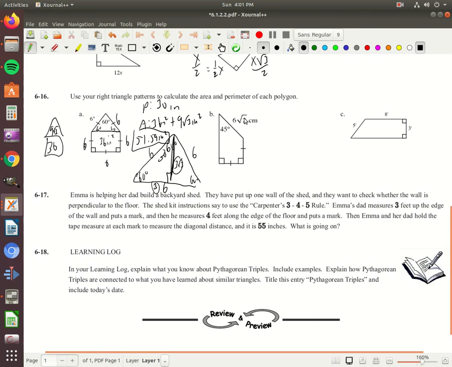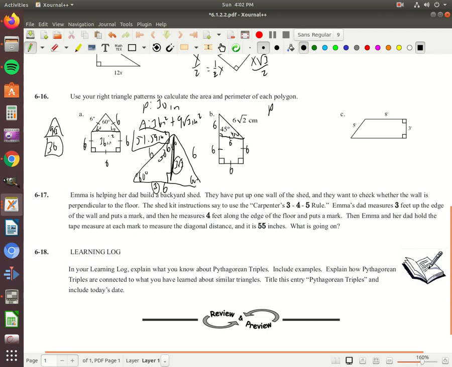And then we just do the same kinds of things for this one, right? Like we know here that we get this square, and then we have this 45 triangle. So if the hypotenuse is 6 times the square root of 2, I know that the legs I'm going to divide by the square root of 2 are going to be 6. So I'm going to get something that looks like this.